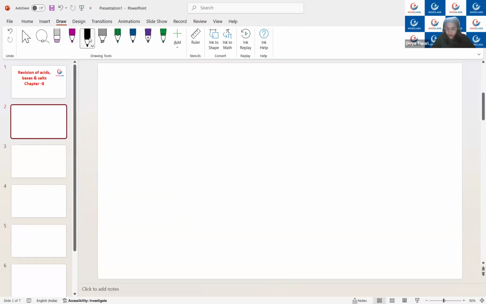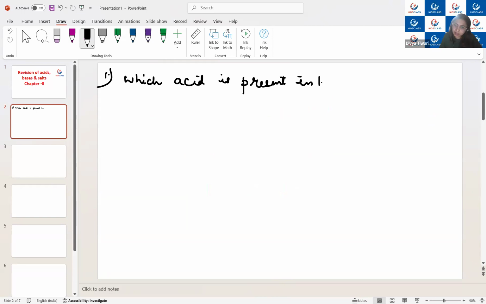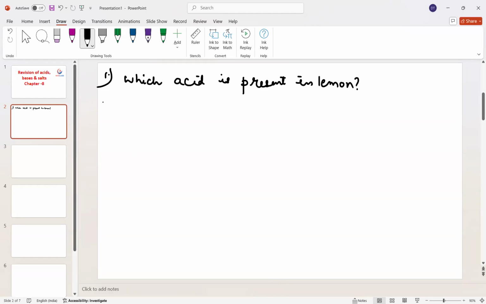So the first MCQ question: which acid is present in lemon? You can have this question in MCQ, you can also find it in fill in the blanks, and in the form of true or false. Among the options, citric acid, right?